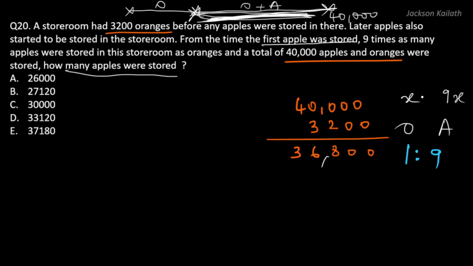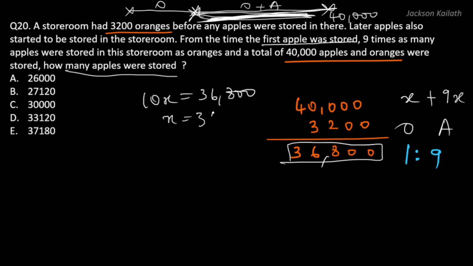And the sum of these, x plus 9x, has to be the total, which is 36,800. So x plus 9x gives you 10x. So 10x is equal to 36,800, and you get x is equal to 3,680.